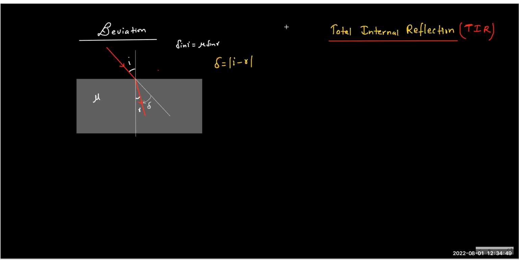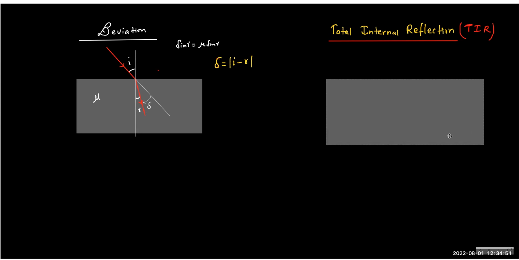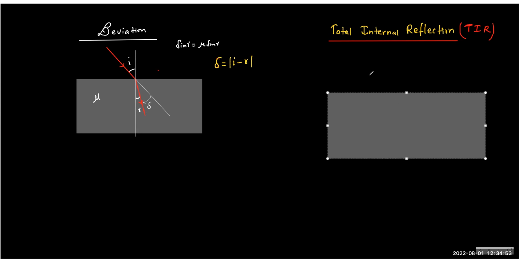So first of all, if you have any medium, and if the surrounding is rarer compared to the medium itself, so mu denser, let's say some medium is also present here to generalize. So we know that when the light ray goes from denser to rarer medium, it bends away from the normal.